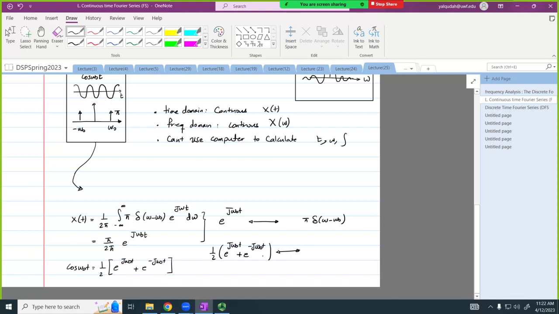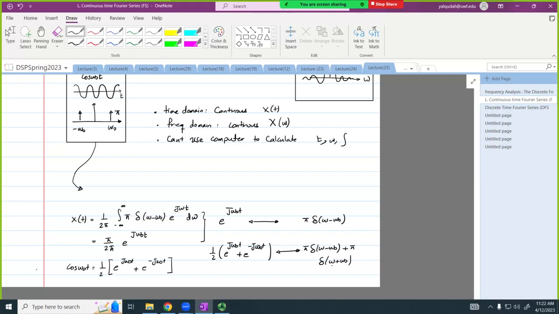And therefore this is going to equal a pi of delta of omega minus omega 0 plus a pi multiplied by delta of omega plus omega 0. Does that make sense? So that's how we find the Fourier transform for a cosine.